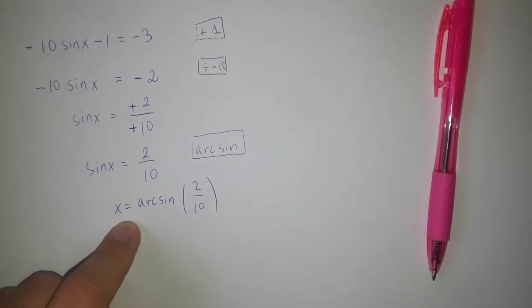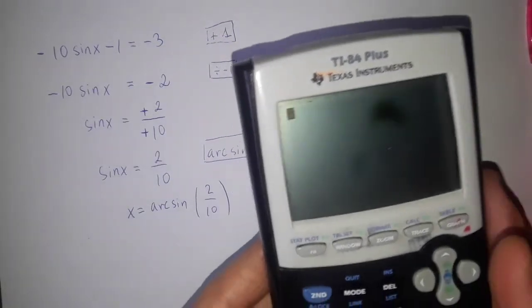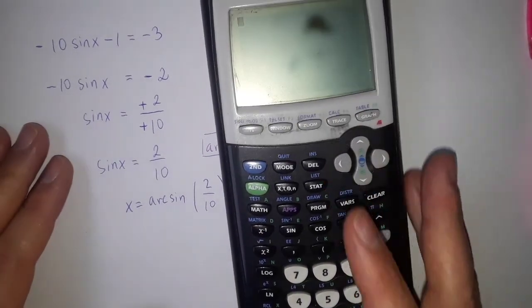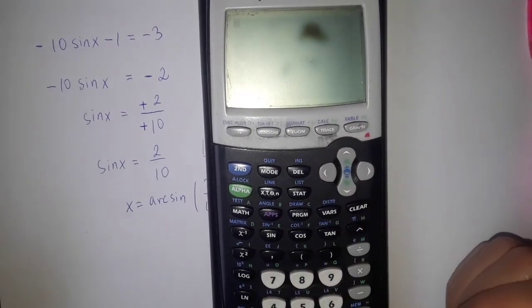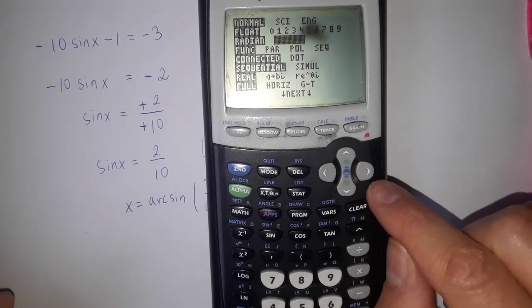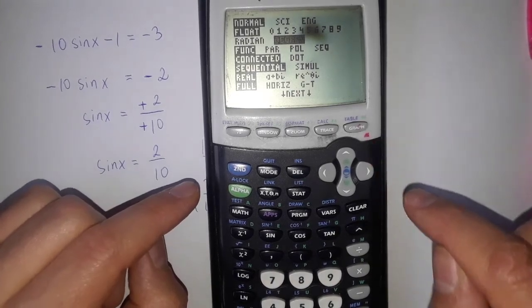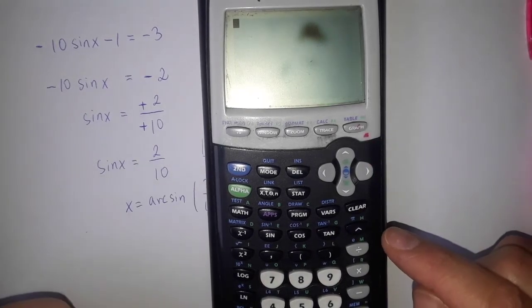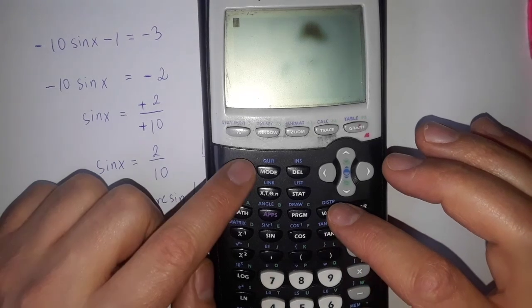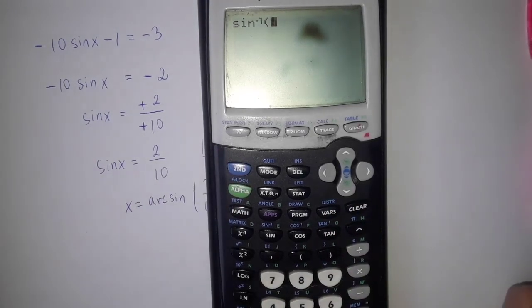So the next step, we're going to take the calculator. I'm going to clear whatever we had before, and we're going to do it in degrees. So we press mode, we change to degrees. And after that, we're going to do arc sine, which is the same as the inverse of sine, of 2 over 10.